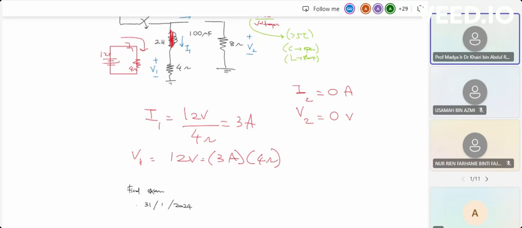I kind of forget what the time is. 9 a.m. Venue? Do you have the venue with you? FPQS. Okay, you will need to find where.